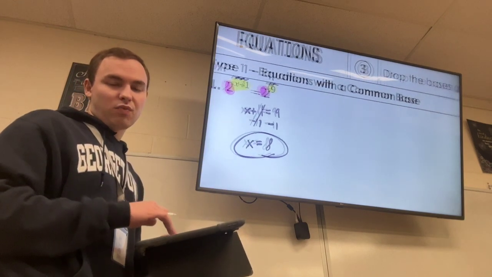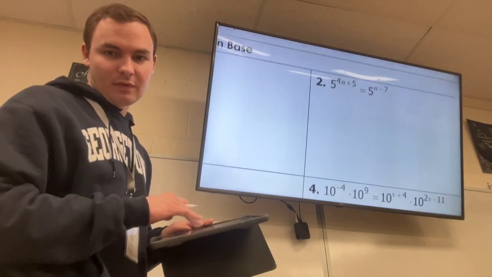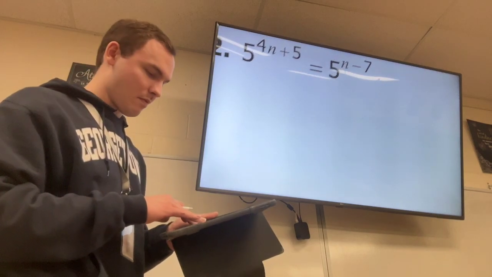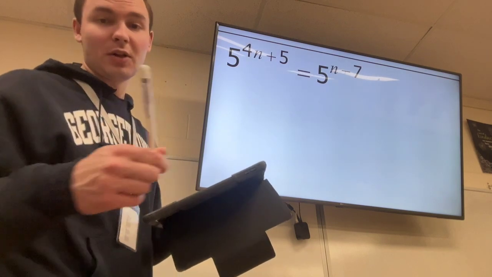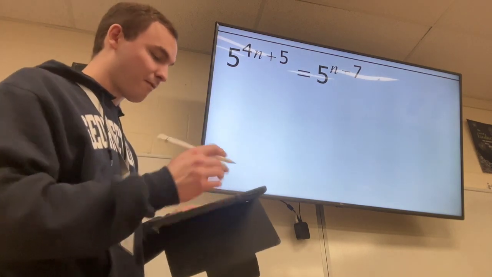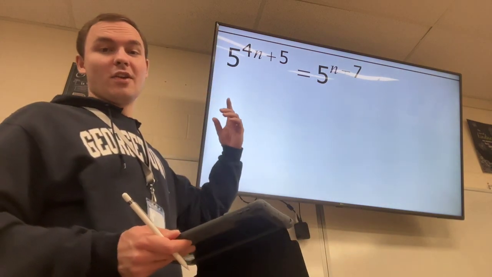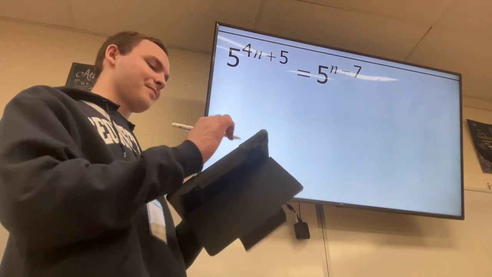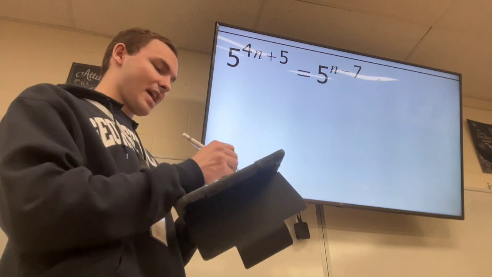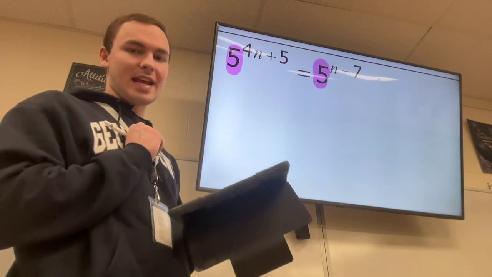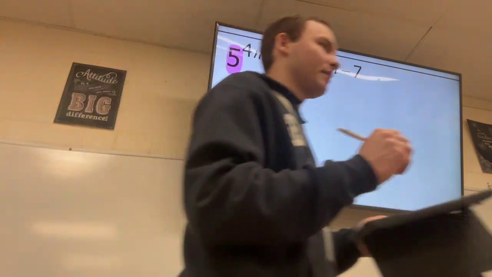All right, so that's one type. Here, the variable is in my exponent: 5 raised to the 4n plus 5 equals 5 raised to the n minus 7. Our bases, the number that's not the exponent, are the same.